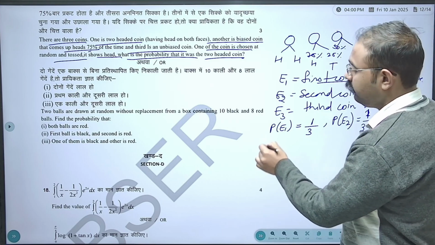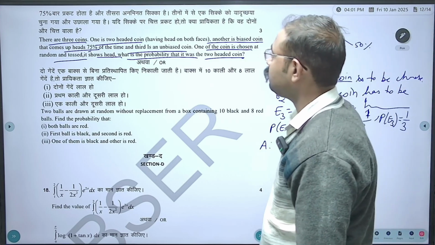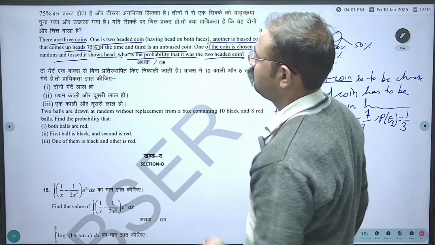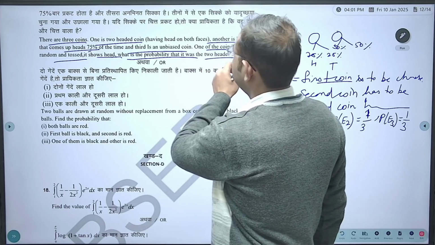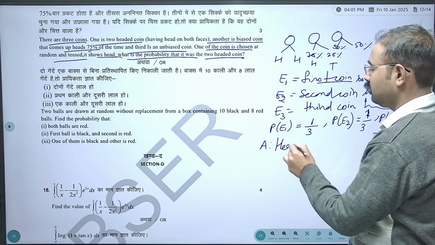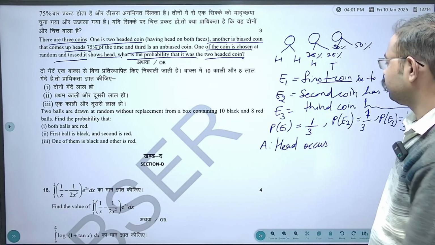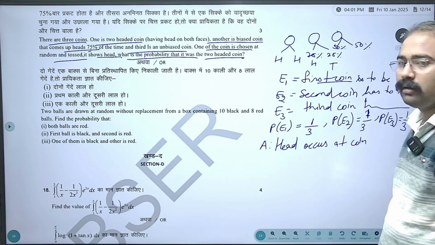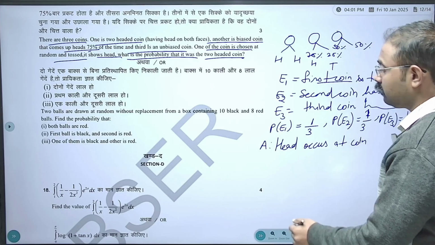Now we will consider our event A, and that is head occurs at the coin. Means we are choosing a coin and at that coin head occurs.